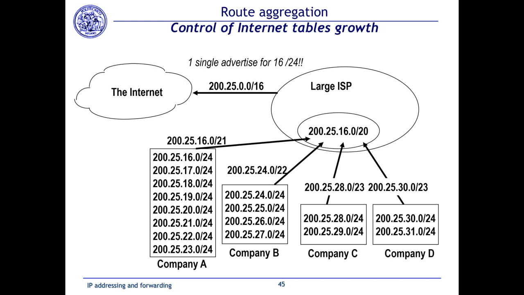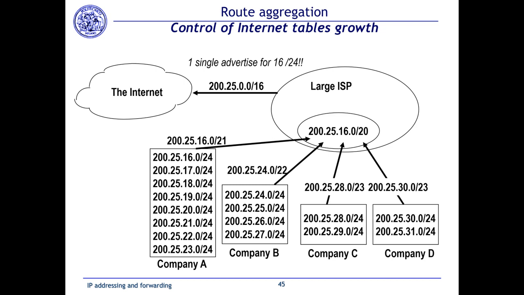This is called route aggregation, and it's basically the same concept that we have seen in subnetting, but applied in the other sense. So in subnetting you are subdividing, here you are aggregating. But the concept is always that you have a large network corresponding to a single net address, which is representing a plurality of smaller networks.